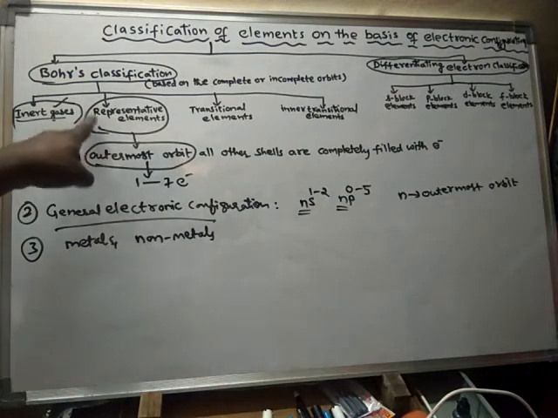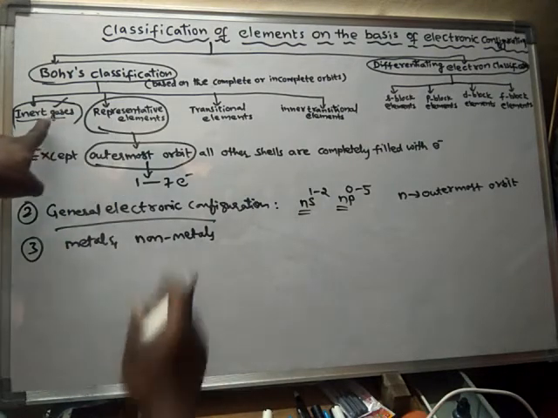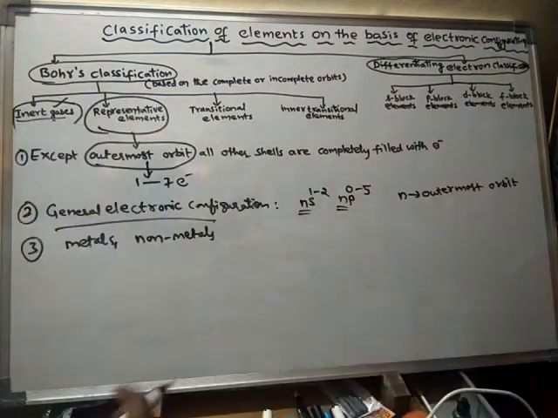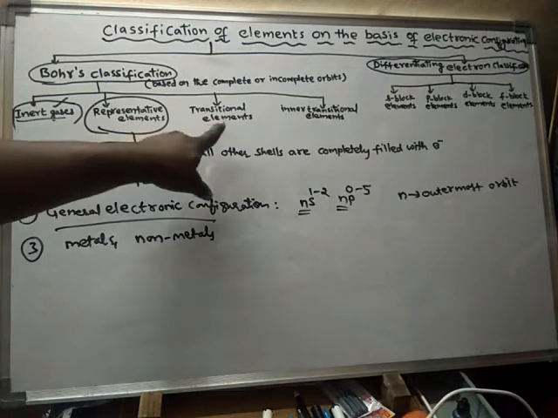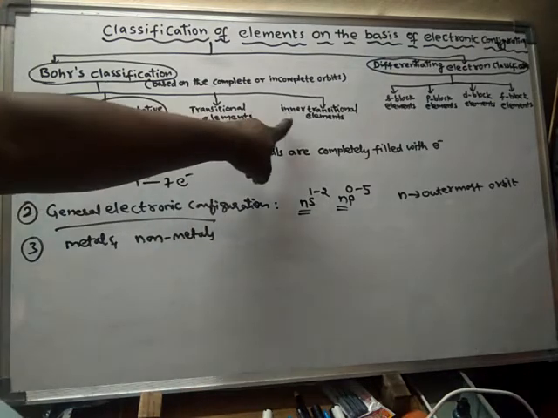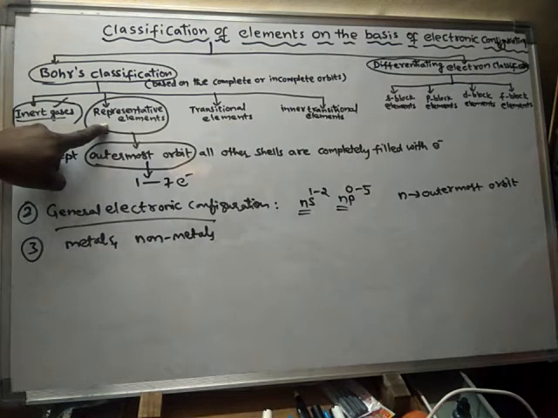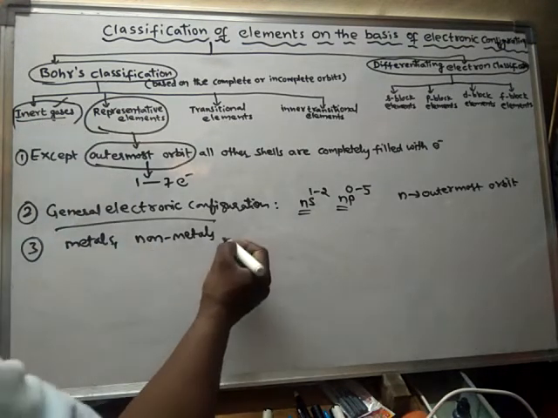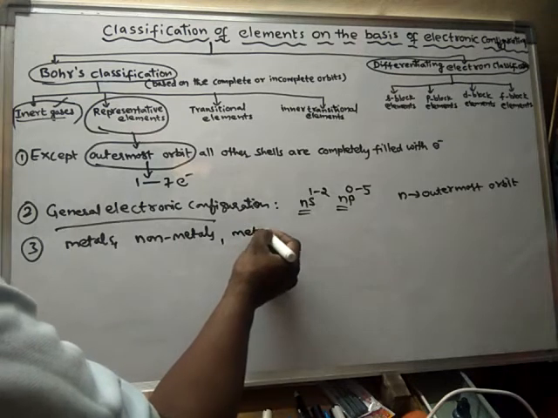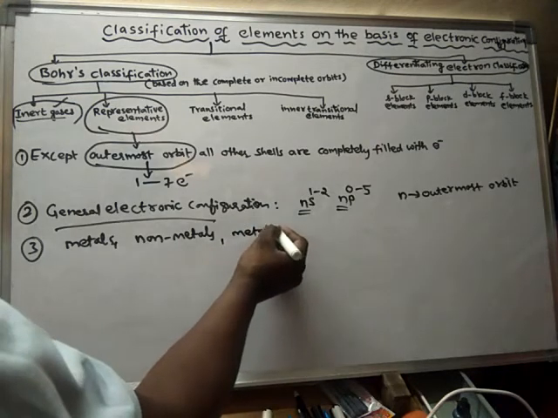Only in representative elements you will find non-metals. Inert gases are different, they are special elements. In transition elements all are metals. In inner transition elements also all are metals. But representative elements contain non-metals, metalloids, and metals.